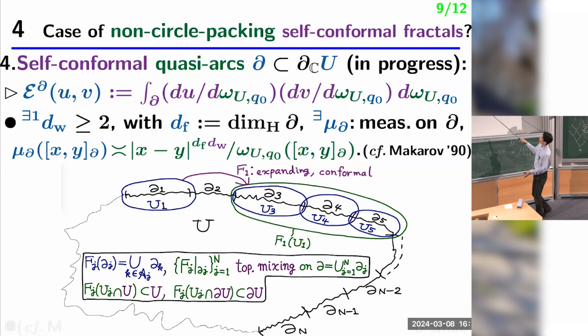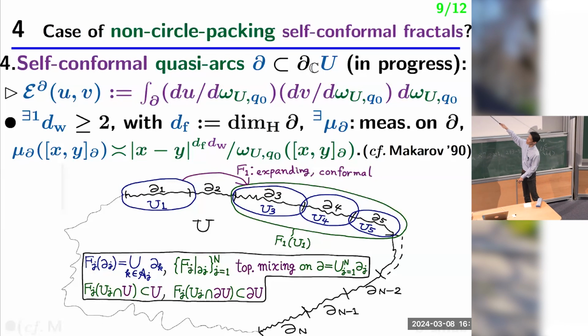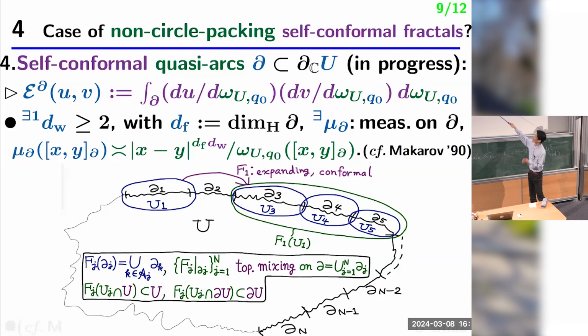So if this power is really 2, then this value is exactly the energy coming from the embedding, from the section of the curve from x to y.